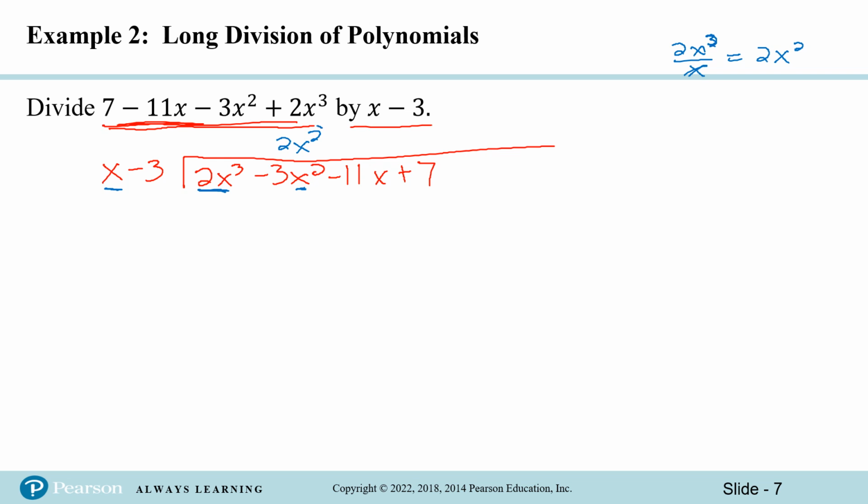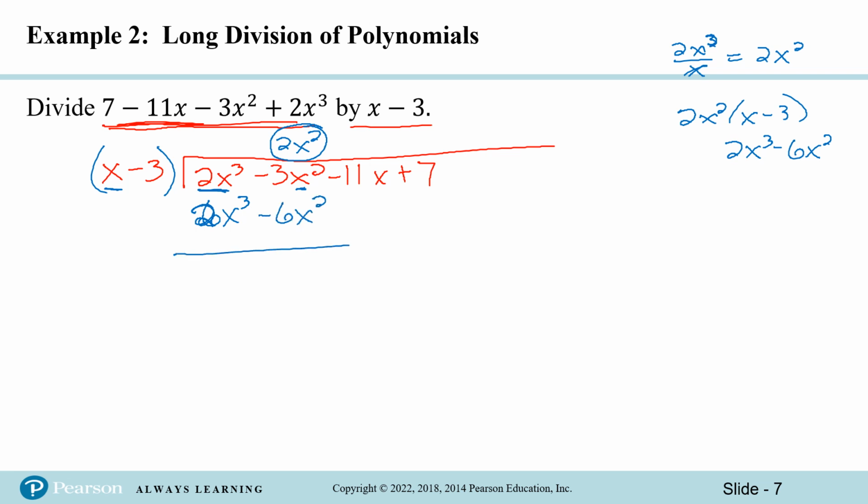I'm going to multiply my 2x squared times this entire thing, 2x squared times x minus 3, and I'm going to put it underneath.